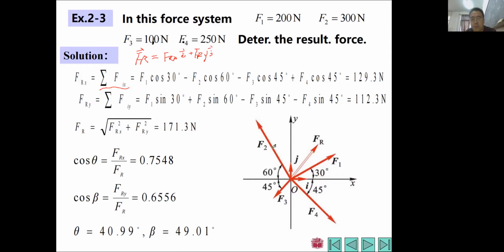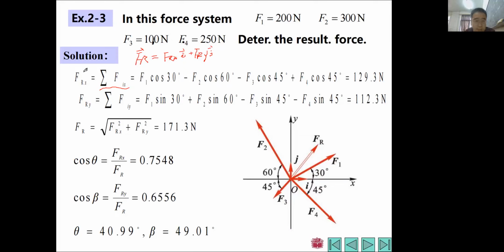And if some force like F2 here, when we do the projection, we will find its component F2x will be along the negative direction of x. So we will give a minus sign here. That's the very important thing you guys should pay attention to, right? Because the magnitude and the direction are all known to us, right?